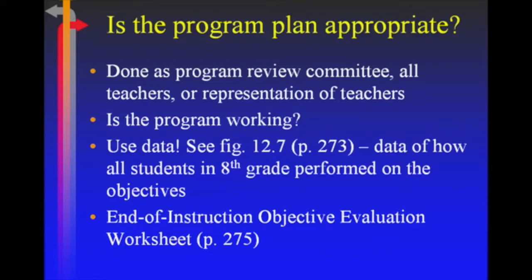It gives us our pre-measures, class mean entry, class target, where we want them on all these different objectives, the exit post-assessment, how much they gained, and what percentage of the class met the targets for the 8th grade class.